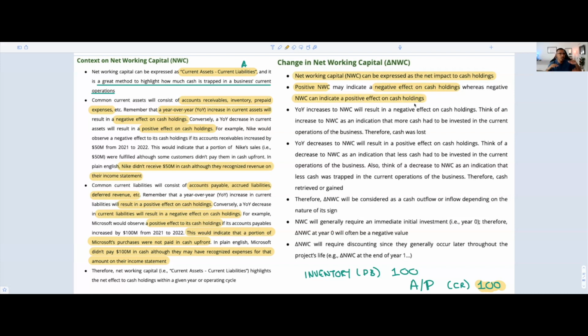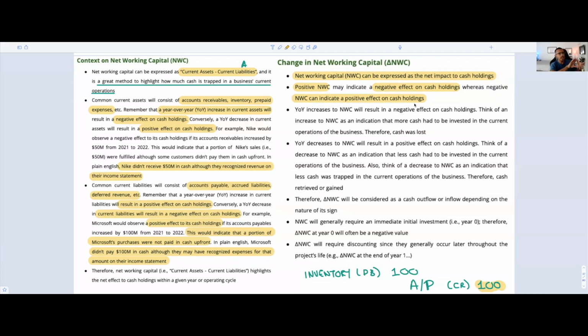Because on a year-to-year, just in a silo, if we look at 1 year, the net working capital is not really going to tell us what's going on with the flow of cash within the business. But if we look at the change in net working capital, for example, 2020 to 2021, and we notice that our net working capital actually decreased, that's going to really ring some bells for us.